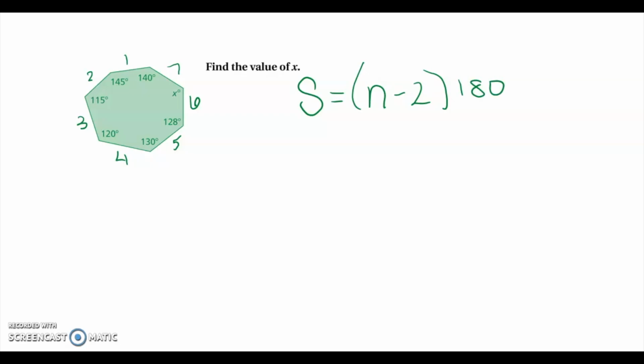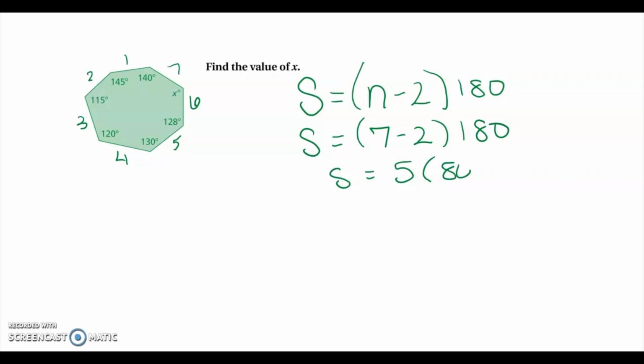So our sum is equal to 7 minus 2 times 180. That would be 5 times 180. And so our sum equals 900 degrees.